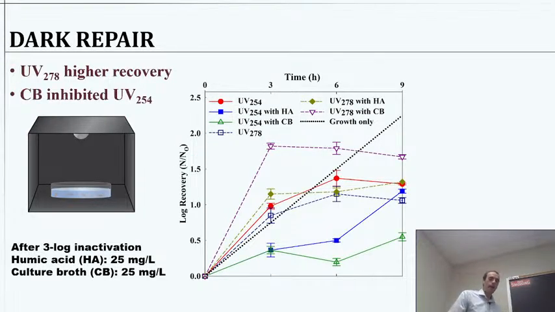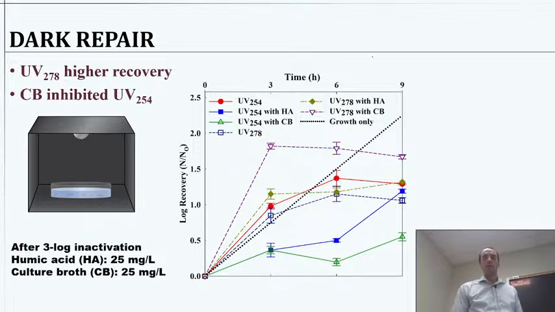So what happens after that? If we let the bacteria repair themselves after that disinfection and we put them in the dark, there's a bit of repair that can happen, especially if we give them some nutrition. So this is looking at a couple different scenarios. And we see some of them actually recover pretty well, up to maybe 1.5 logs repair or so.